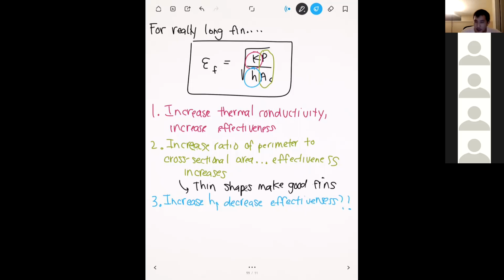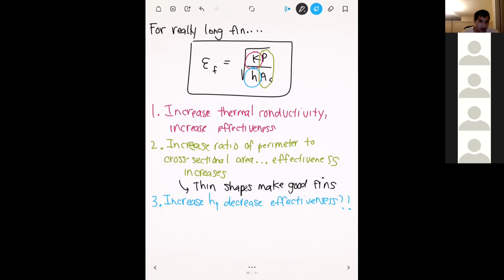Which might be really confusing at first, right? Because remember what h represents. h represents how easily heat can move from the fin or from any solid to a fluid. So what this tells us is if we increase the amount of heat transfer to the fluid, this actually makes our fin less effective.